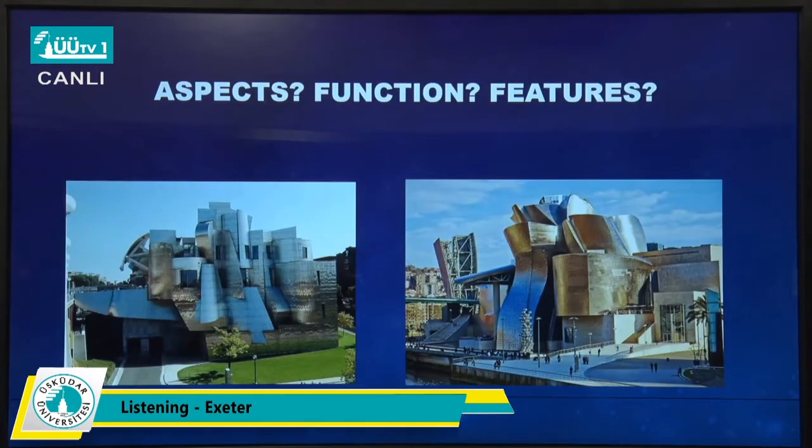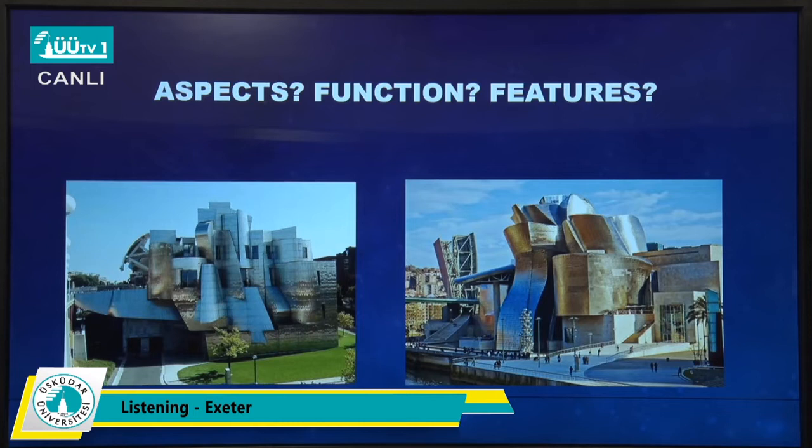Now, what about these two buildings? They look similar. So it must have been designed by the same architect, right? So ask yourself about the aspects, function, and the features of the buildings.